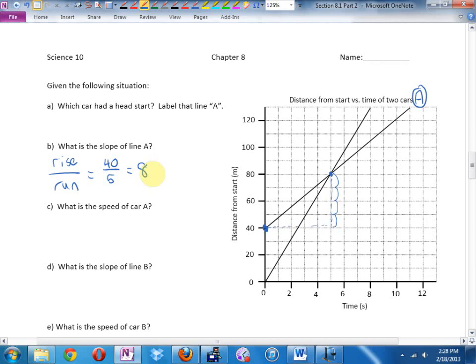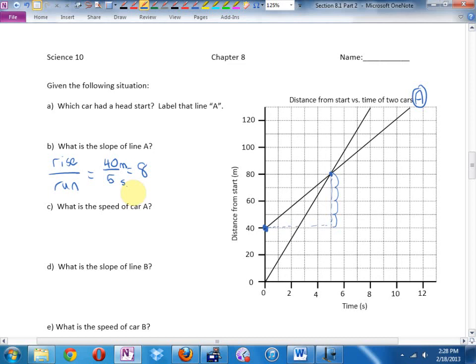So far, so good? Now, Jacob, really what that is, that's 40 meters in 5 seconds. So part C asks, what's the speed of the car A? And this is the whole point of this lesson that I've been trying to work my way towards with all the distractions and the shuffling.